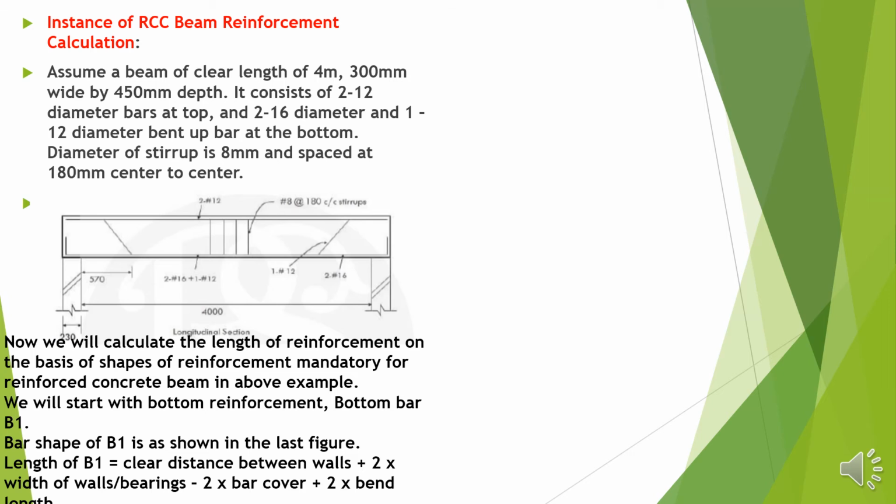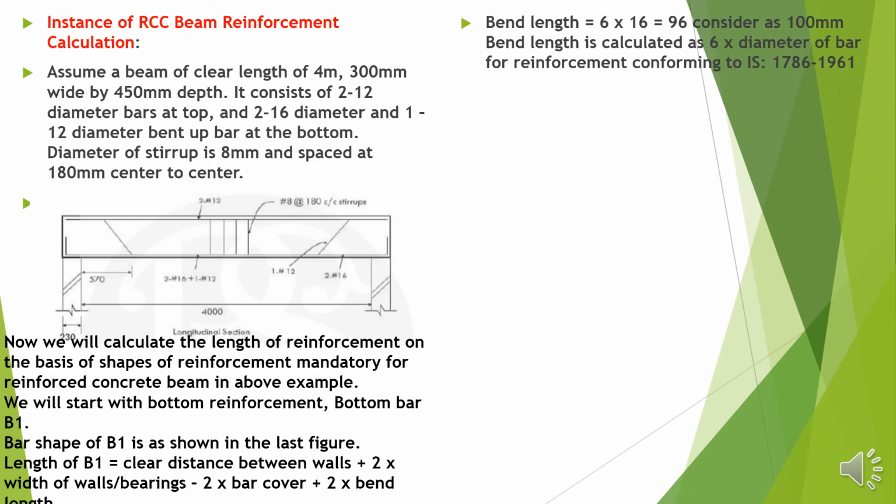Length of B1 is equal to clear distance between walls plus 2 into width of the walls and bearings minus 2 into bar cover plus 2 into bend length. Bend length is equal to 6 into 16, 96, consider as 100 mm.